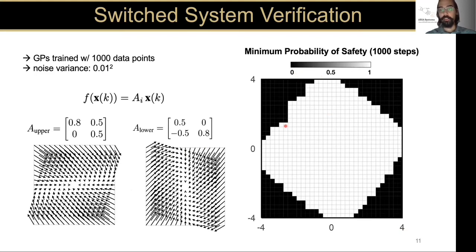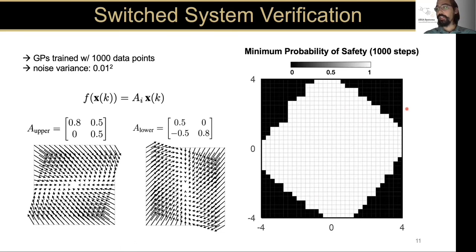And here they are all near 0 or near 1. So you can interpret this as: if I initialize the system in any of these white cells, after 1,000 steps, the probability is close to 1 that it will remain within this overall safe set.